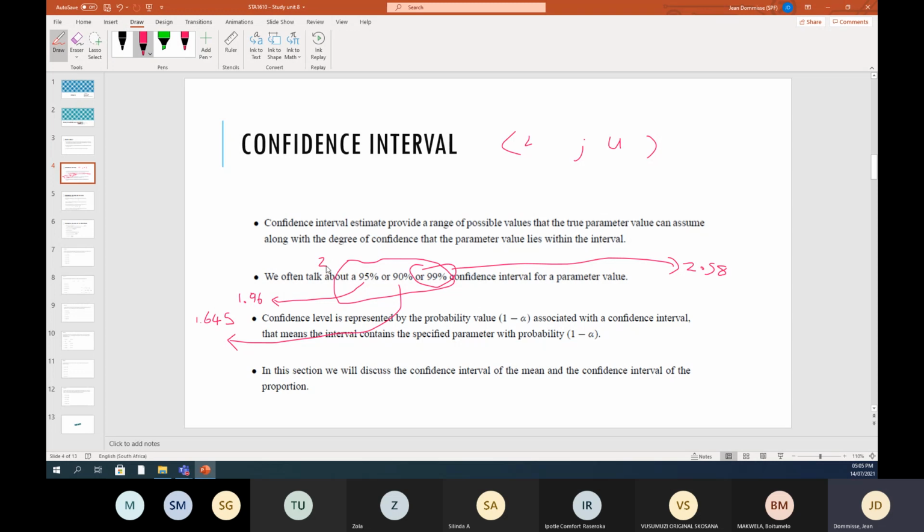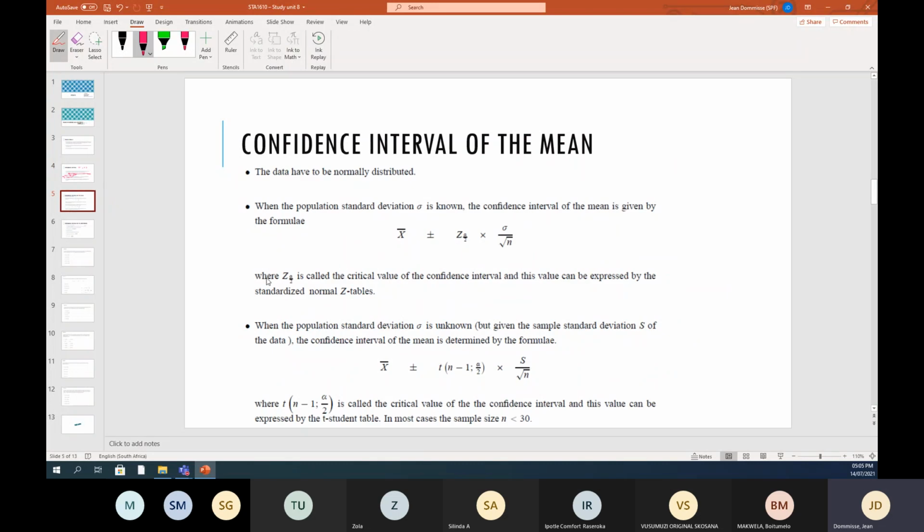So when we deal with the Z value, it is always those 3 numbers that we can use. It is different when we look at the T, because then we need a table to work out the T. But if it is a Z, always those 3 numbers.